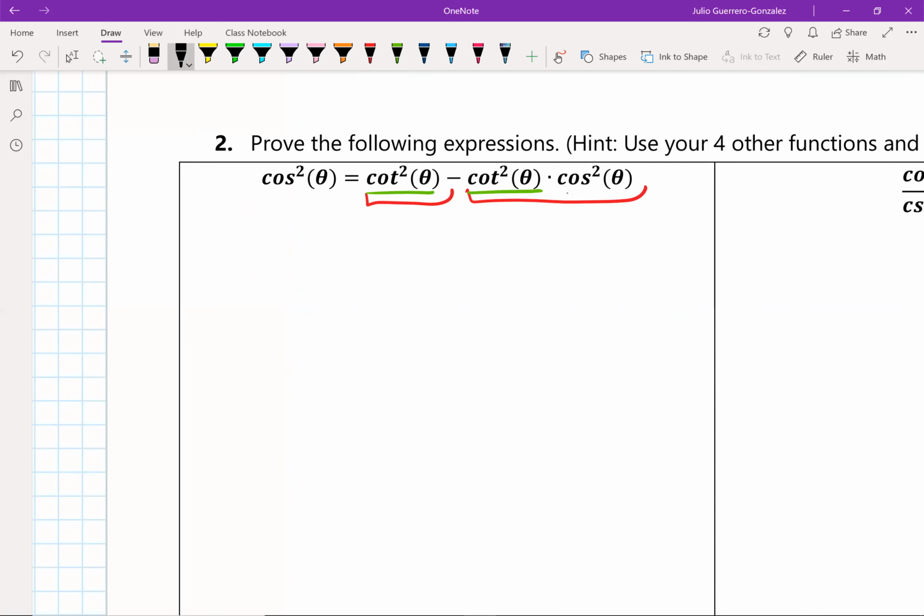So I can do this: cotangent squared theta. What gets left behind? Cotangent squared theta times cosine squared theta.